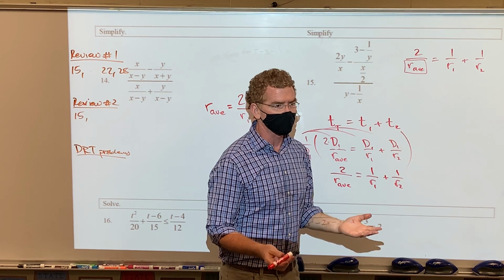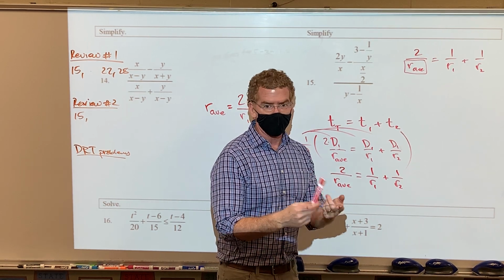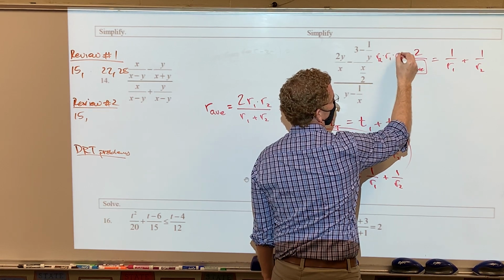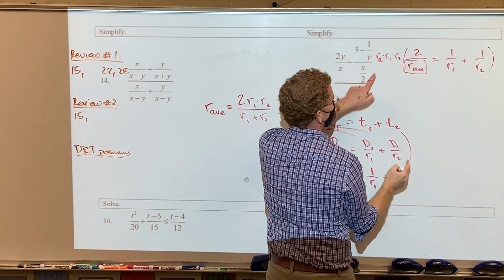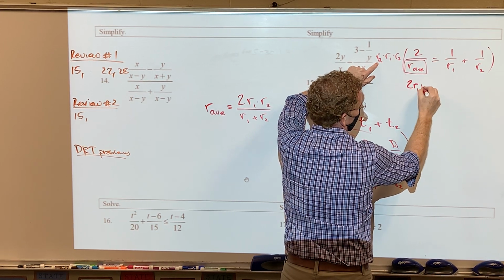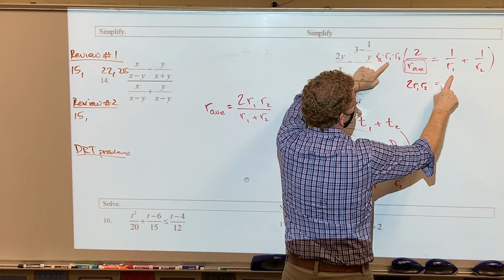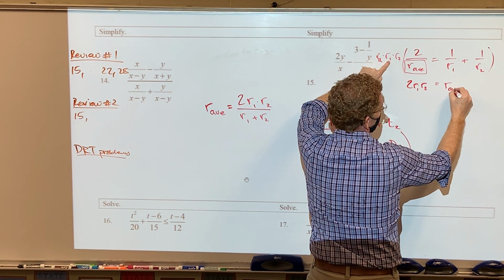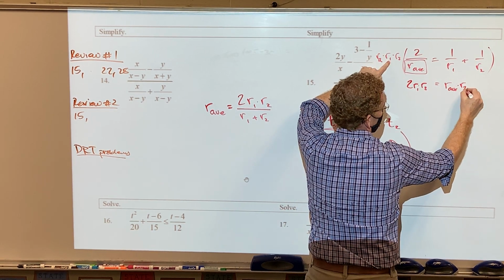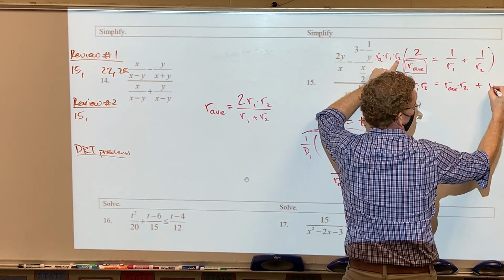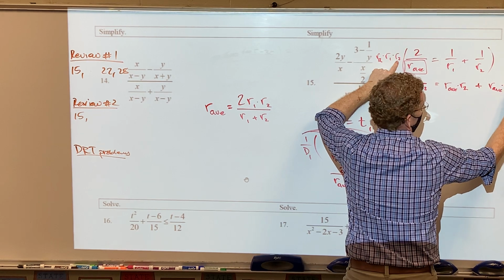What would be the common denominator here? R average times R1 times R2 all the way through. Check it out. Here, R average cancels, and I get 2 times R1 R2. Here the R1 cancels, and I get R average R2. Here the R2 cancels, and I get R average R1.